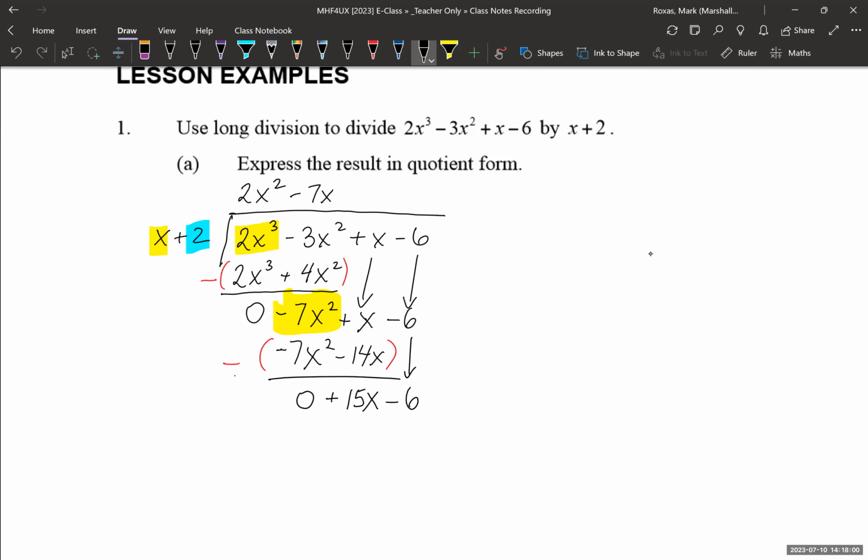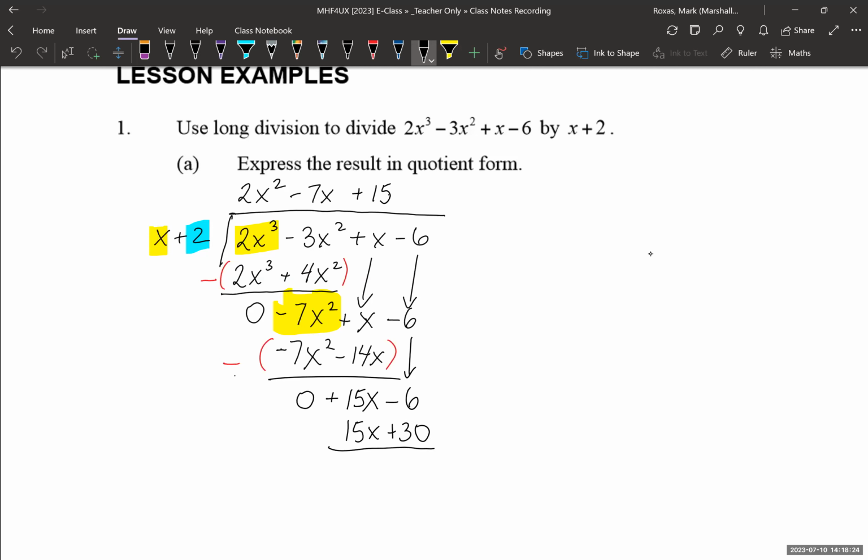Okay. And then I ask myself, all right, what term when I multiply it by x gives me 15x? And that's just going to be 15, so plus 15. Okay. And so that gives me 15x. 15 up here times, so we have to multiply by the divisor again, so 15x, and then 15 times 2, which is 30.